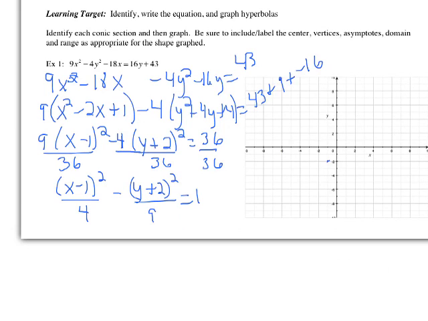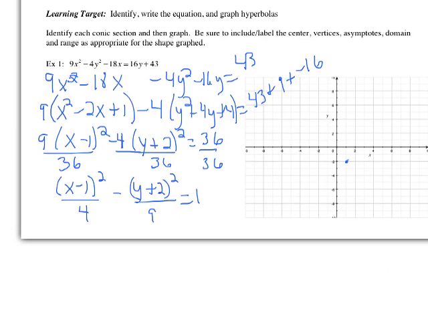So we'll plot that, 1, negative 2. Oops, just kidding. This should be over here. 1, -2, and then it's going to be opening left and right because the x squared is first.